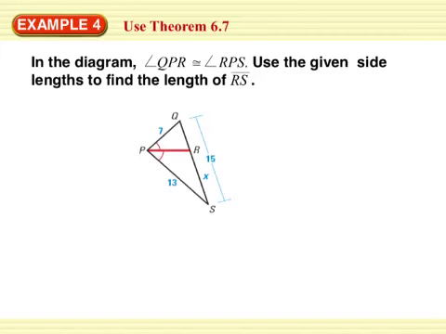Oop. All right, example 4. We're going to use theorem 6.7 now. In the diagram, angle QPR is congruent to RPS, which means this is an angle bisector. It cut this angle in half. Use the given side length to find the length of RS.